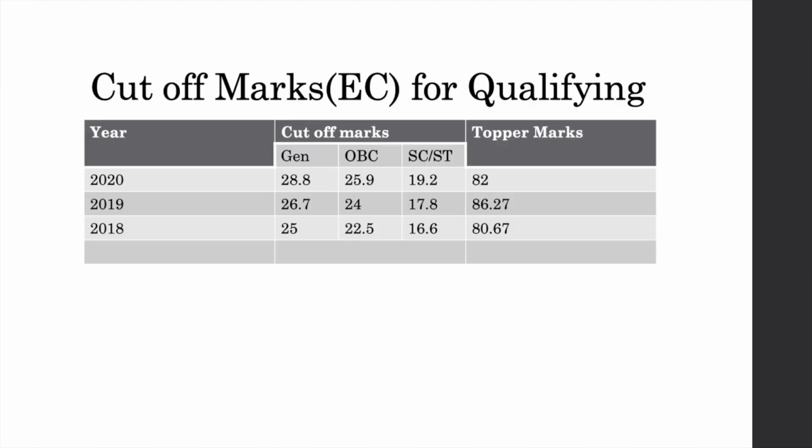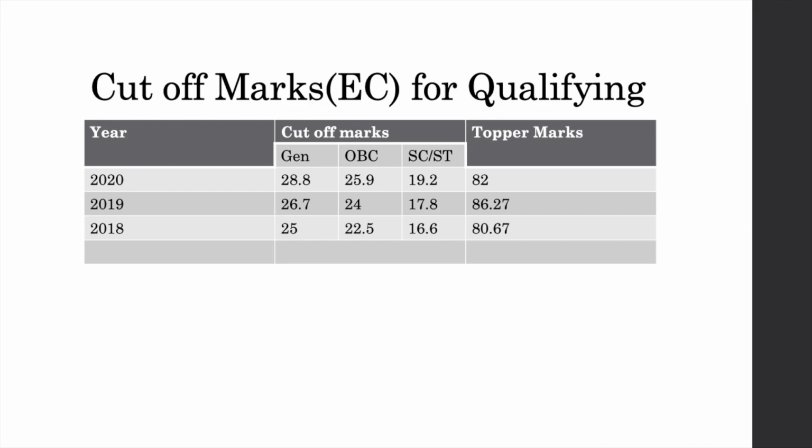And if you see 2018, you can check it. The topper who scored 80.67 was a final year student of Jadavpur University. So we can understand it's not impossible. It's just mere dedication that we need throughout these 4 years, which will lead us to getting a very good score in GATE. It's very important to be aware of these facts and figures so that we can target the actual thing.